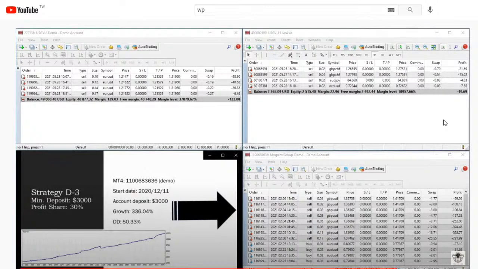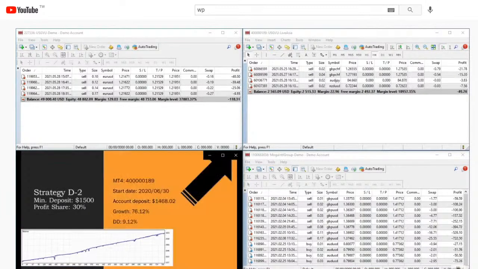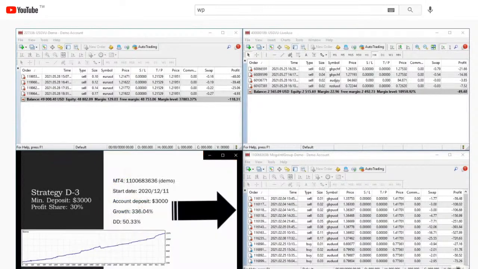Alrighty, let's quickly take a look at the major details of the weekly and monthly growth per strategy.